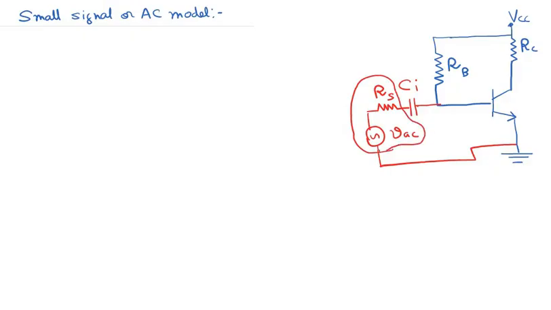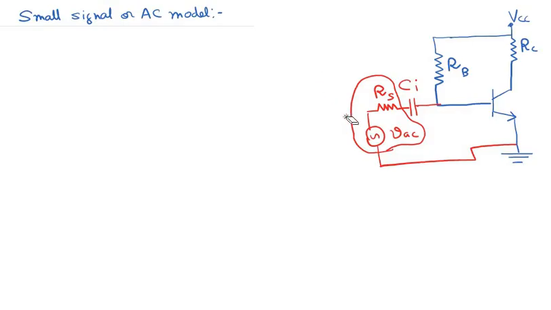So Rs is embedded within this voltage source VAC. For example, those of you in electronics and telecommunication or electrical domain would learn in the second or third year that an antenna also has a resistance of its own. So for an antenna, this Rs is basically its self resistance.